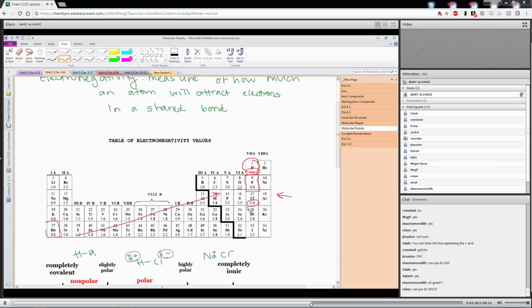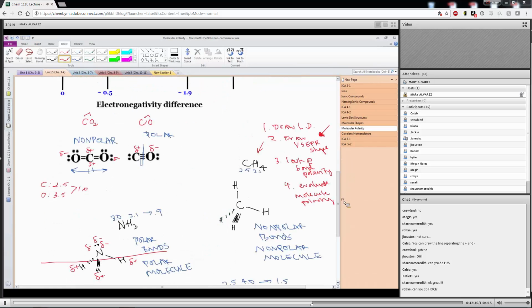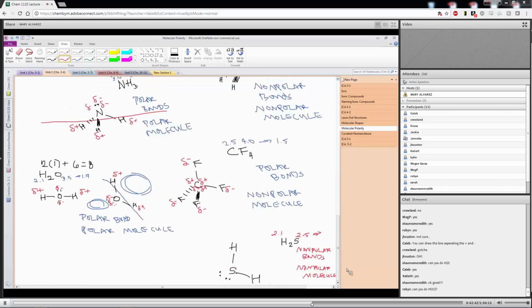And then because, say, the sulfur is so big and fat, it just naturally ends up being a hog, not because it's a bully, but because it's big. So the true answer is that it's polar, but it's polar by size. I will never test you on that level of exception, okay? At this point, I just want you to be able to identify it if it's polar by electronegativity. And hopefully that will answer any question that might come up from the homework.